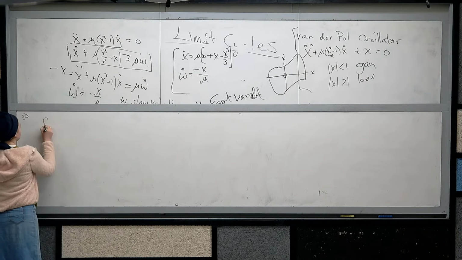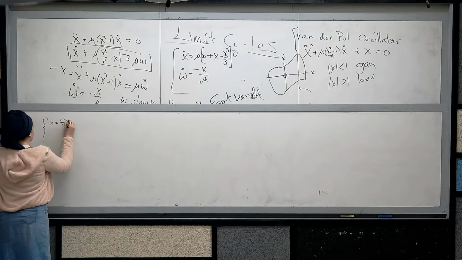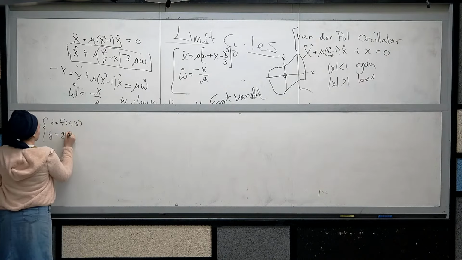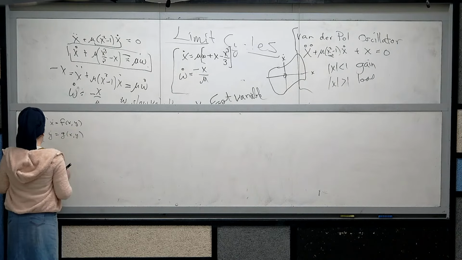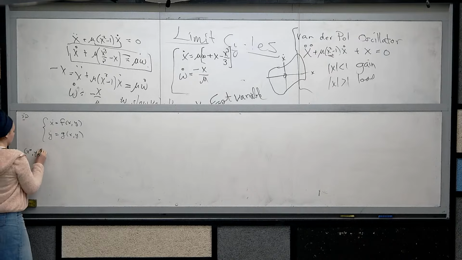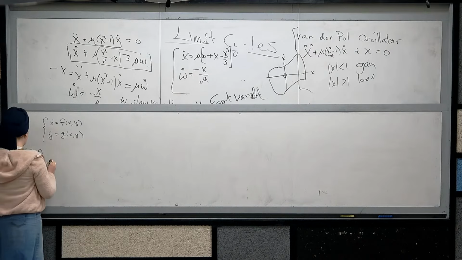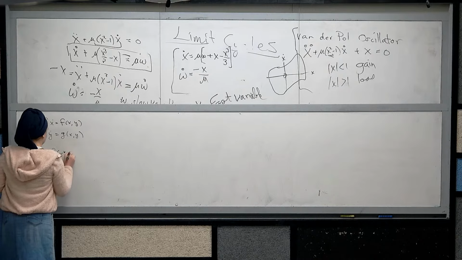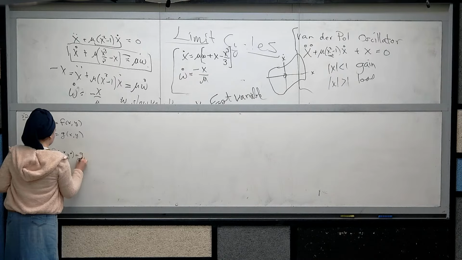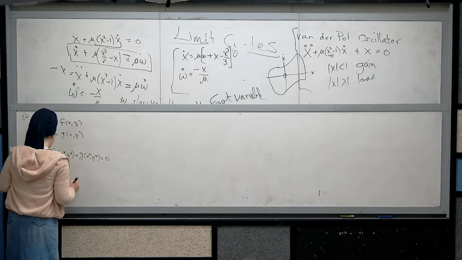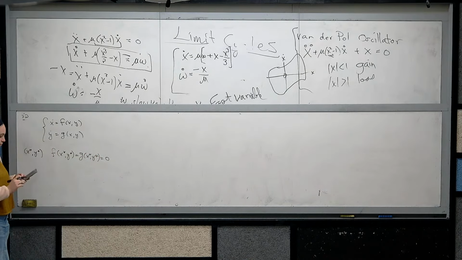So we'll start with a system x dot equals some f and y dot equals some g of x and y, and we found a fixed point. That means that f at the fixed point and g at the fixed point equals 0.